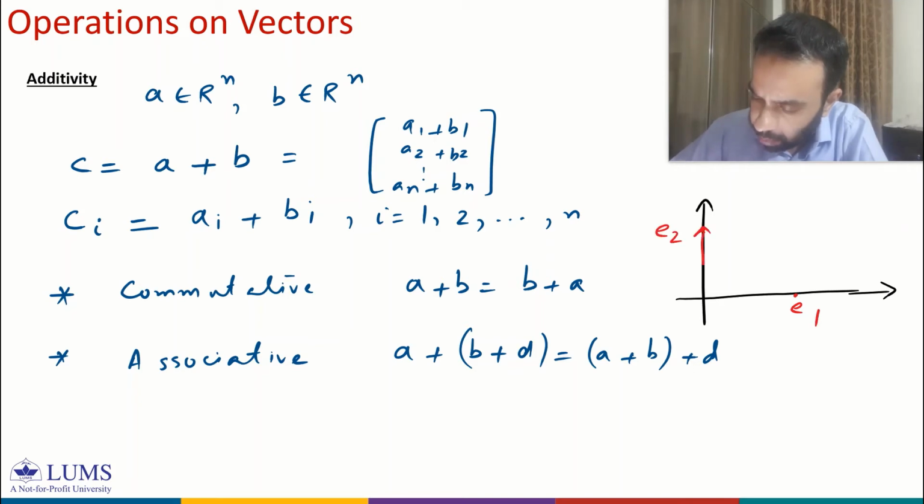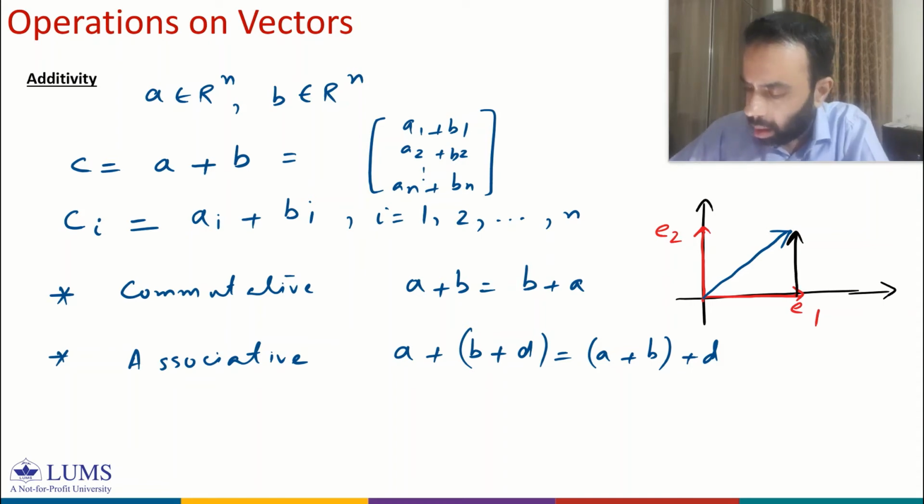We can take the sum of e1 and e2, and we know that the sum is given by this point here, and that is simply given by this vector. And in fact, we can also draw e2 here. So this is e1 plus e2, and you have been studying this in high school, the head to tail rule when you add two vectors in R2.